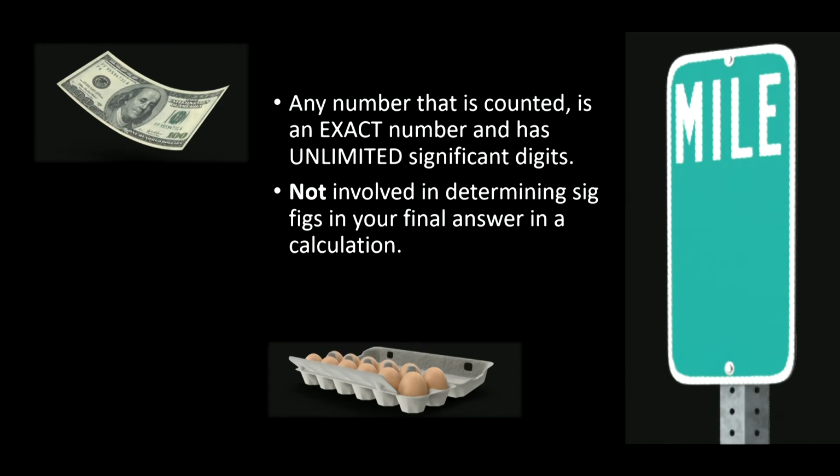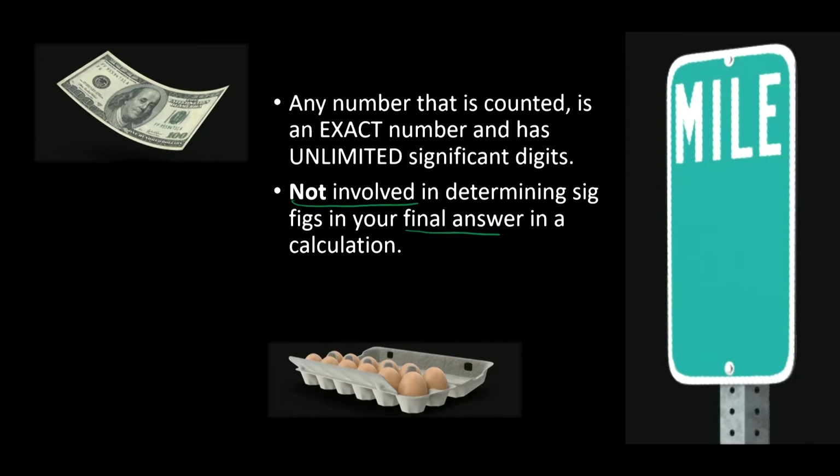So in terms of calculations, and we'll be doing some calculations with significant figures in a minute, any number that is counted is an exact number and it has unlimited significant digits. It will not be involved in determining the sig figs in your final answer. So that's very important.